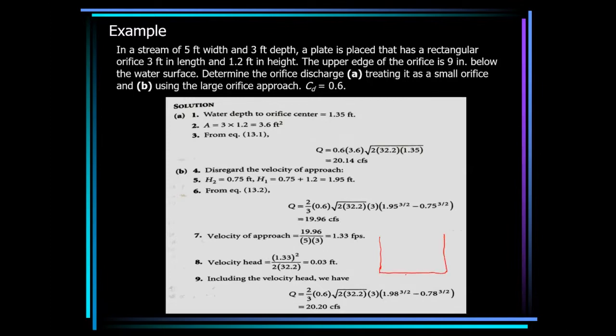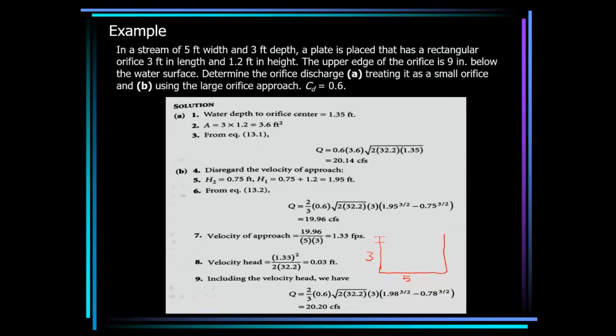A plate is placed that has a rectangular orifice, 3 feet in length and 1.2 feet in height. The upper edge of the orifice is 9 inches below the water surface.